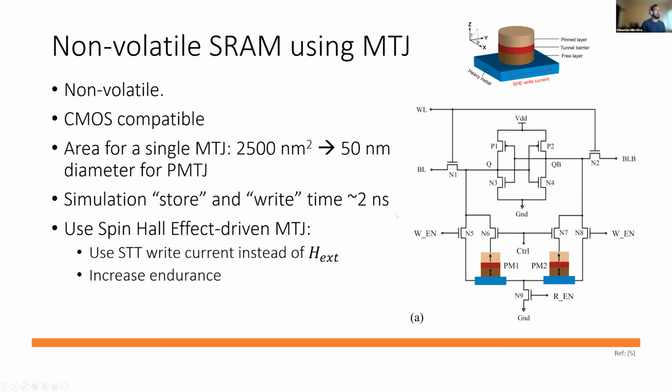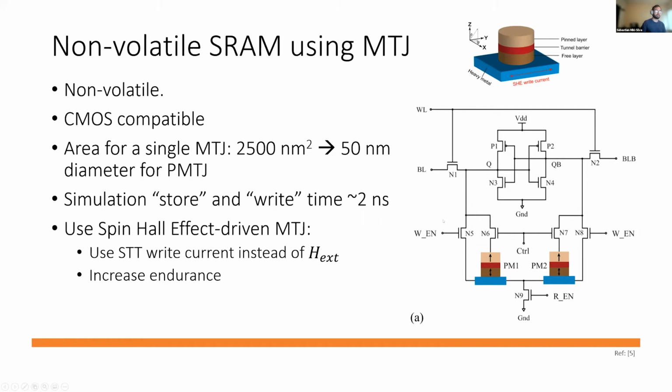In the simulations, they listed store and write times of 2 nanoseconds. The store and write times they mention is the time that it takes to write the information in the MTJs, and also for the MTJs to write the information back in the SRAM.